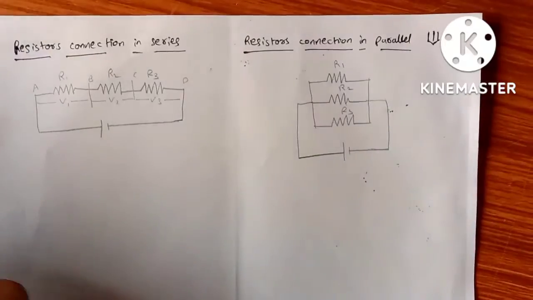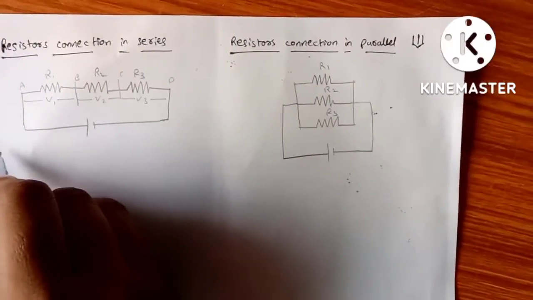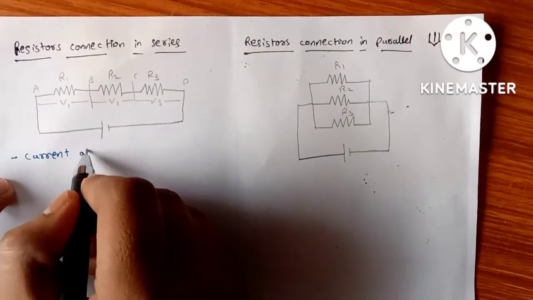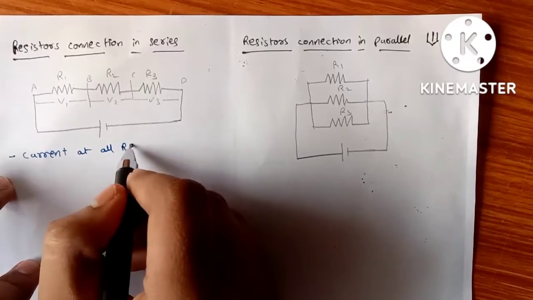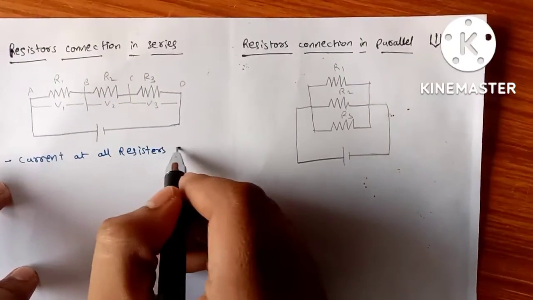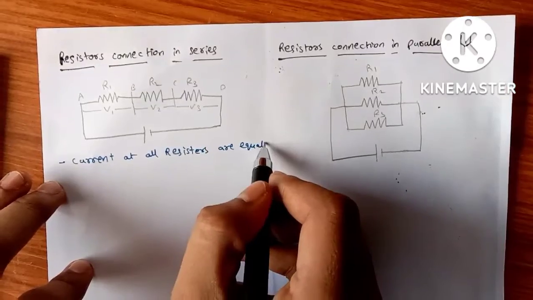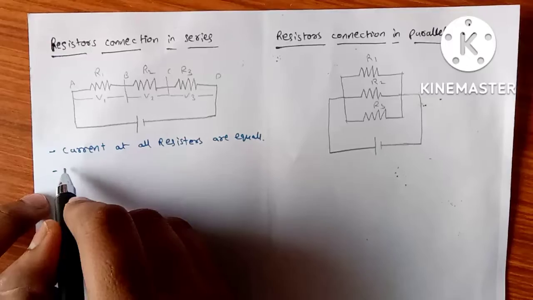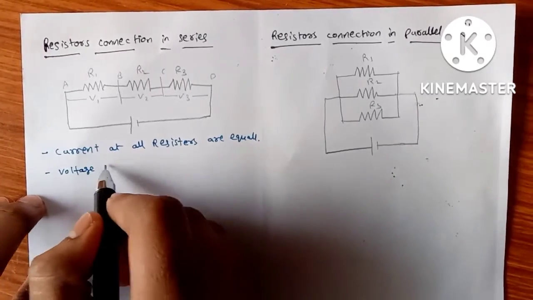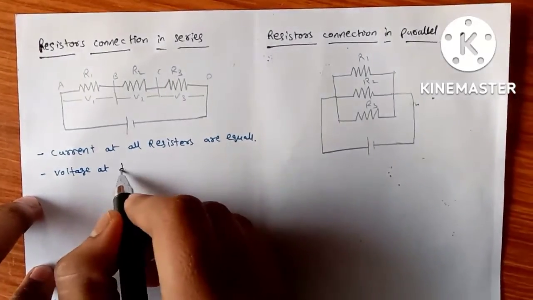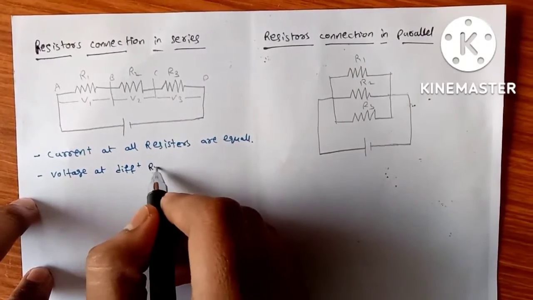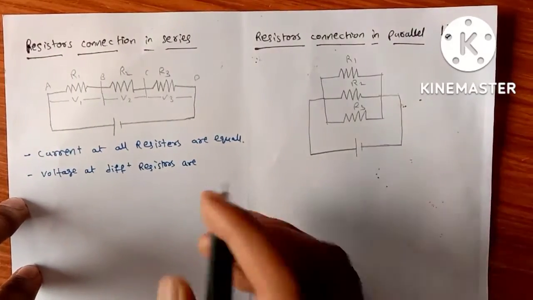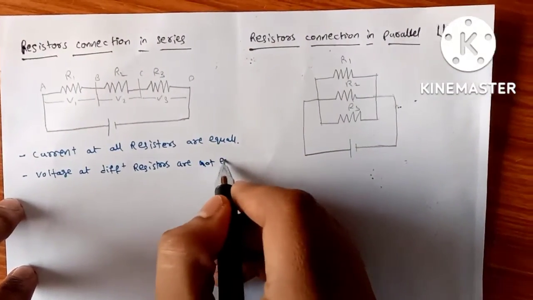Now, first point, current at all resistors are equal, and voltage at different resistors are unequal or not equal.